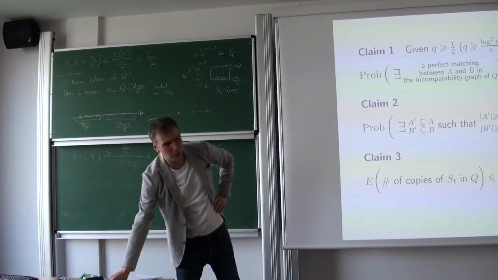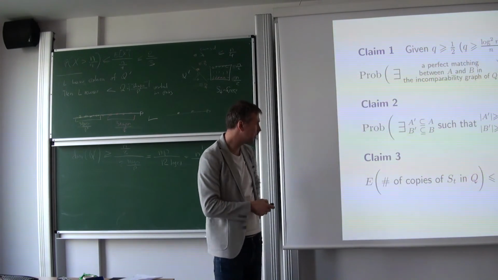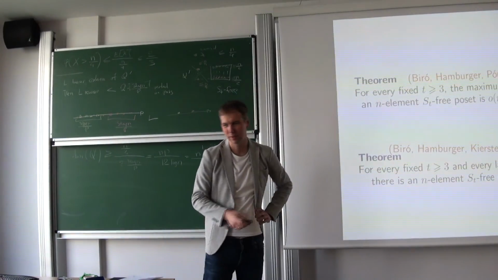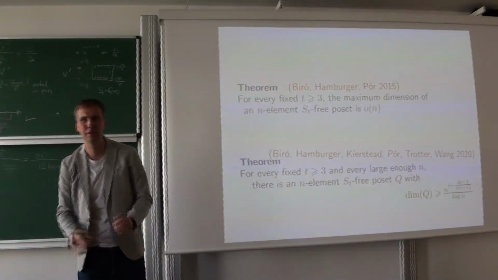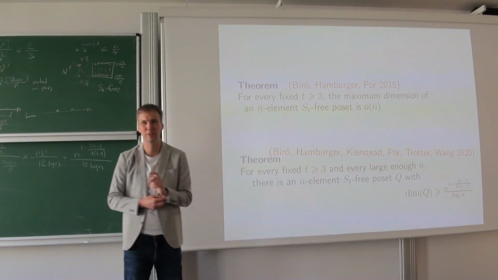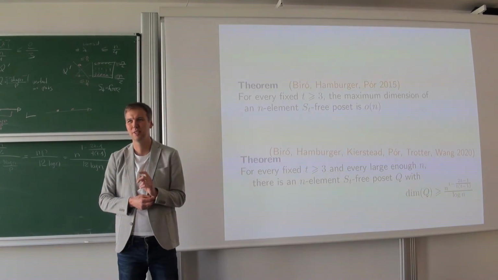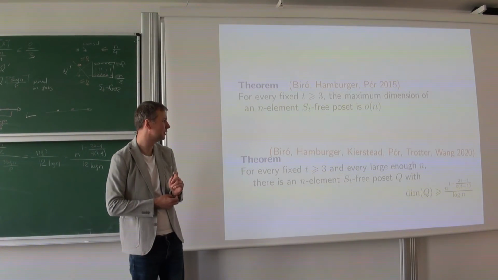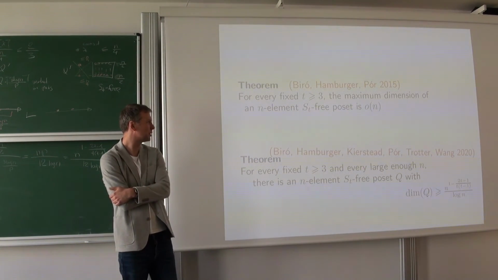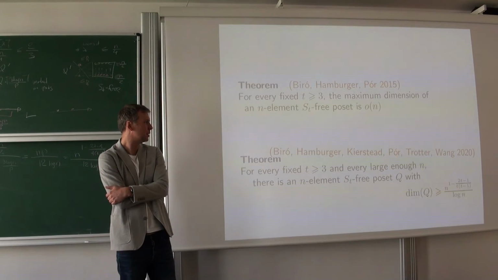So that's the two extremal type, I like to say, results on poset dimension that we have. And again, we are really missing some upper bound here. So I hope one day we make it. Maybe some of us, some of you.